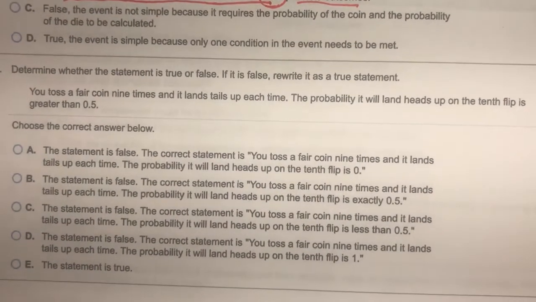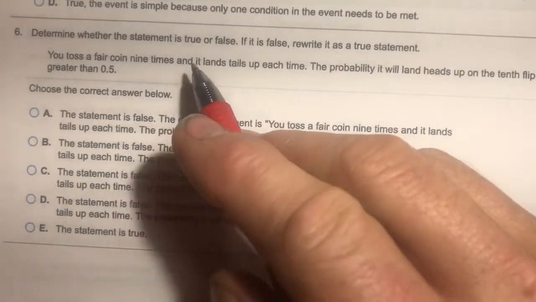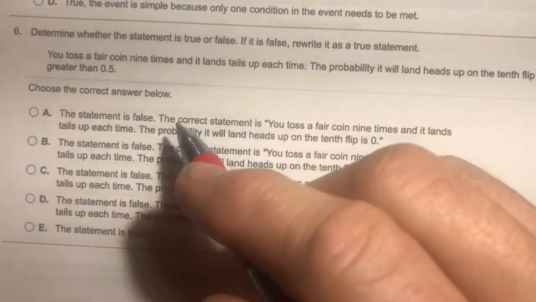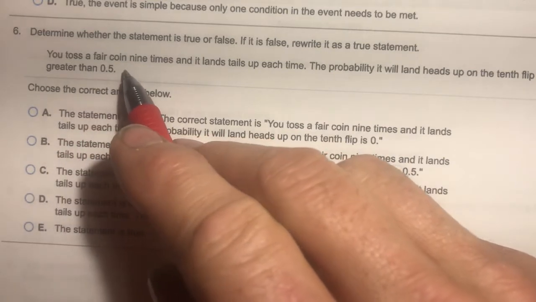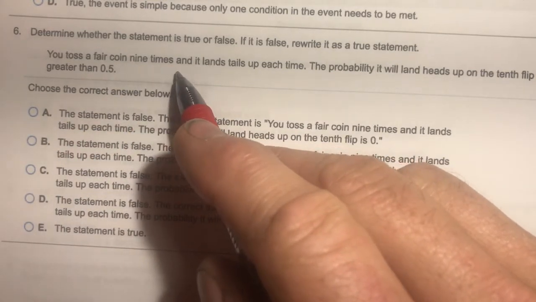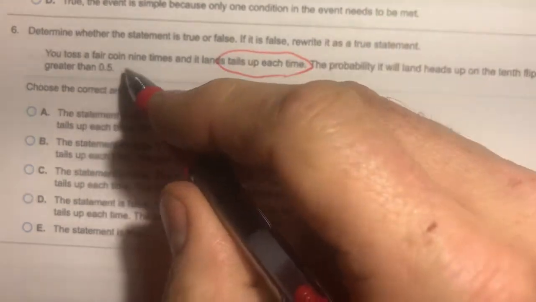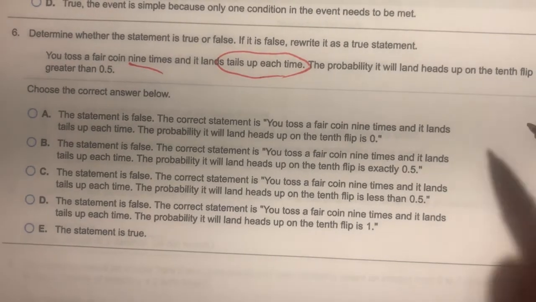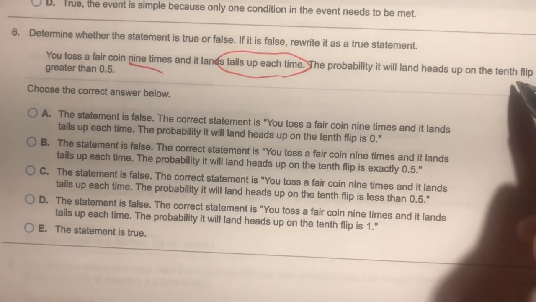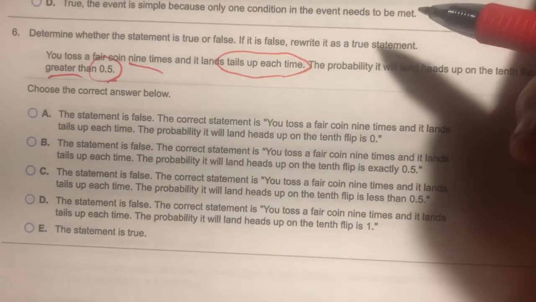Okay, number 6. Determine whether the statement is true or false. All right, you toss a fair coin 9 times and it lands tails up each time. So you've tossed it 9 times, you've gotten tails 9 straight times. The probability that it will land heads up on the 10th flip is greater than 0.5.